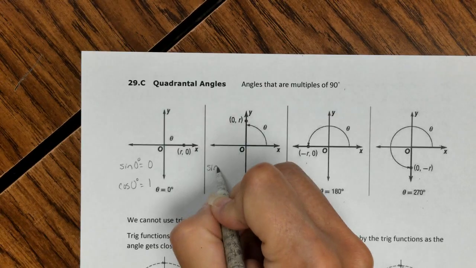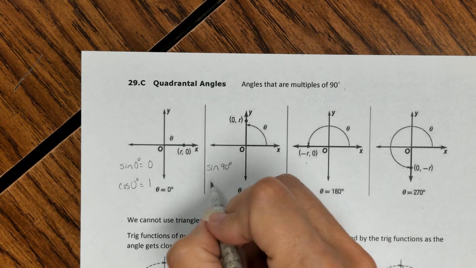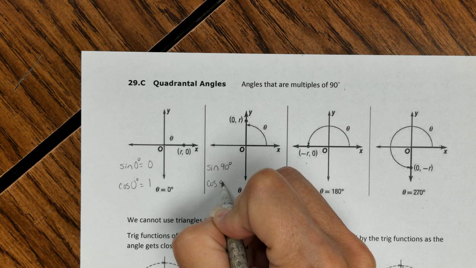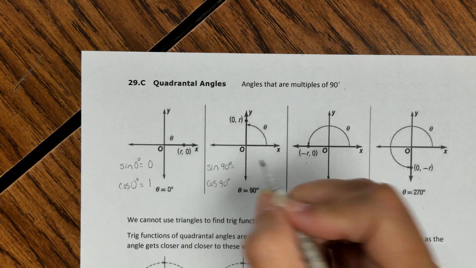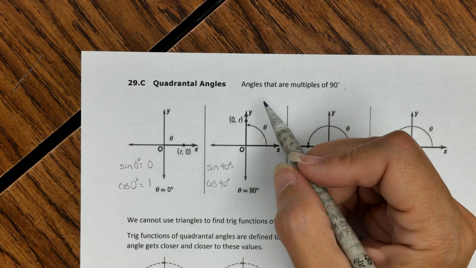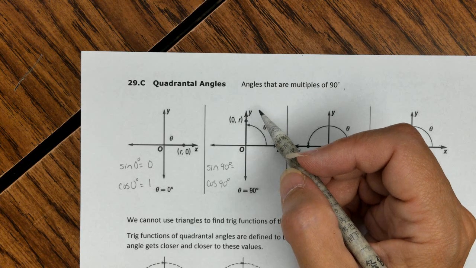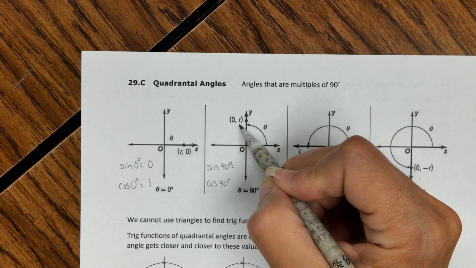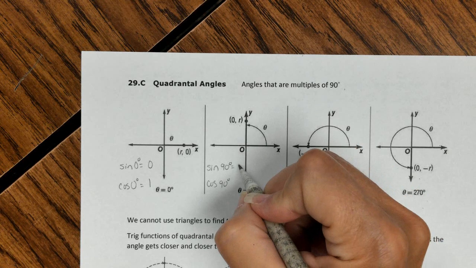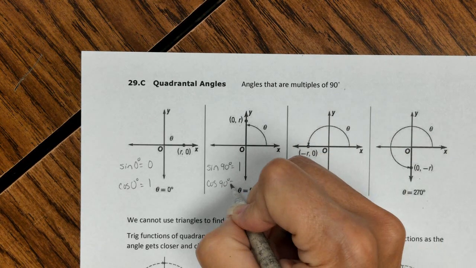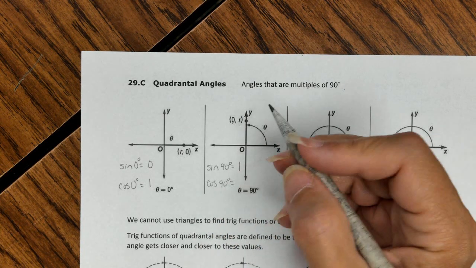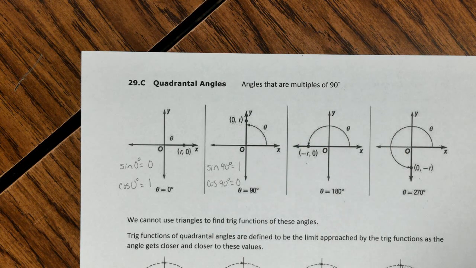So here's sine 90, cosine 90. The sine of 90, sine is y over r. The y is r, and r is r. R over r equals 1. Cosine is x over r. Our x is 0. So the cosine is 0.